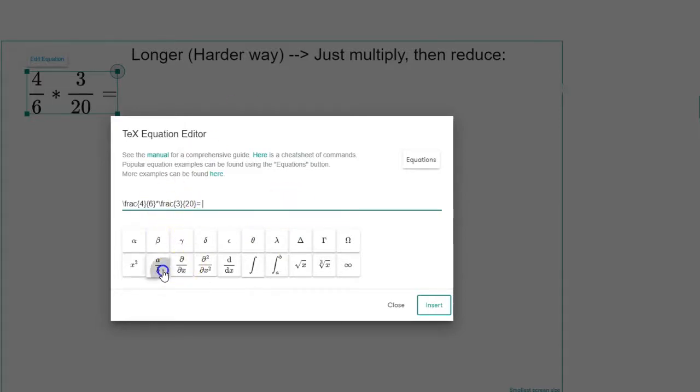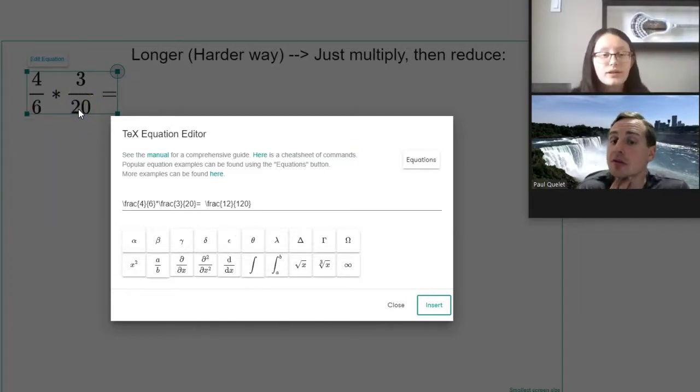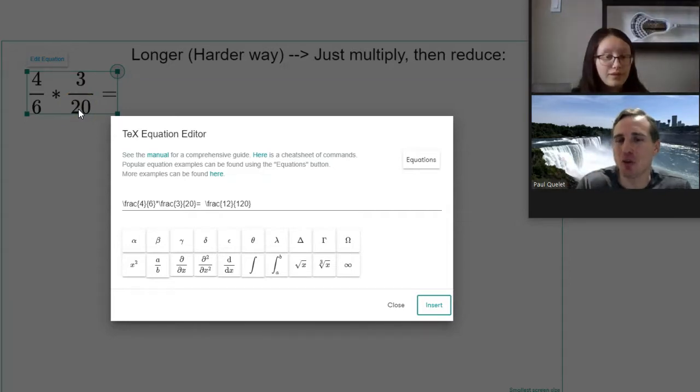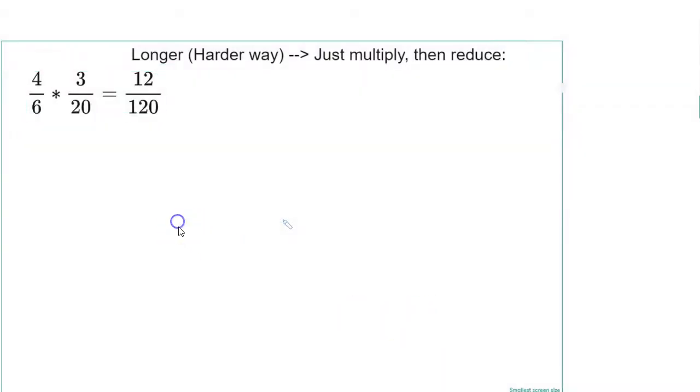And then there's 6 times 20. So what's 6 times 2? 12, and there's an extra 0, so it's 120. Hopefully this is what you have, right?